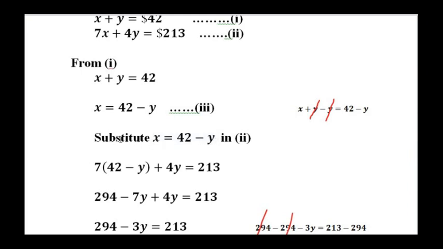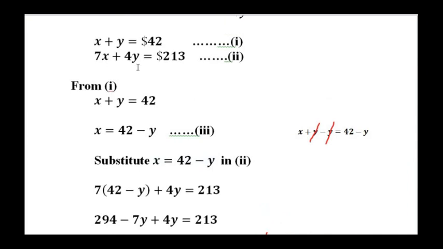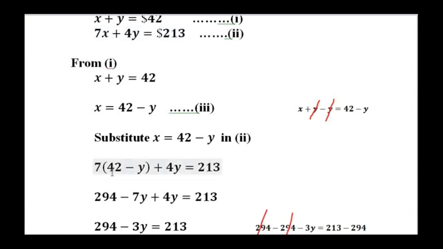Now, let's substitute x equals 42 minus y in equation 2. Equation 2, 7x plus 4y equals 213 becomes 7 into 42 minus y, which is the value of x, plus 4y equals 213.